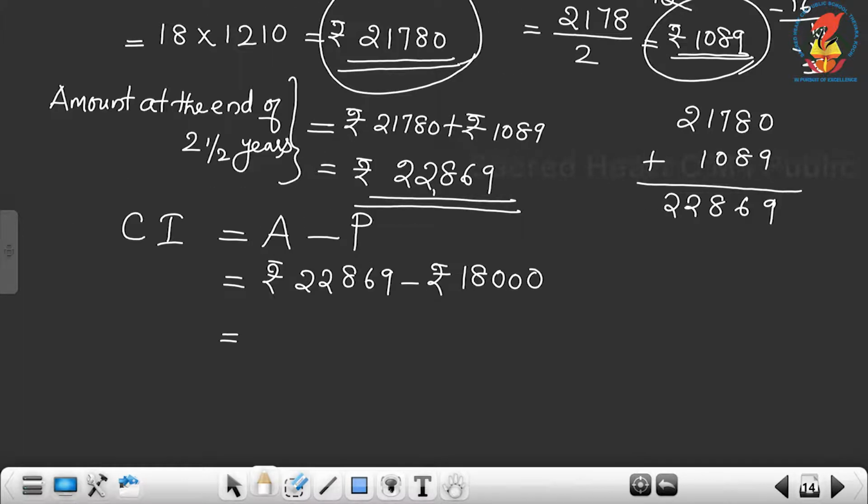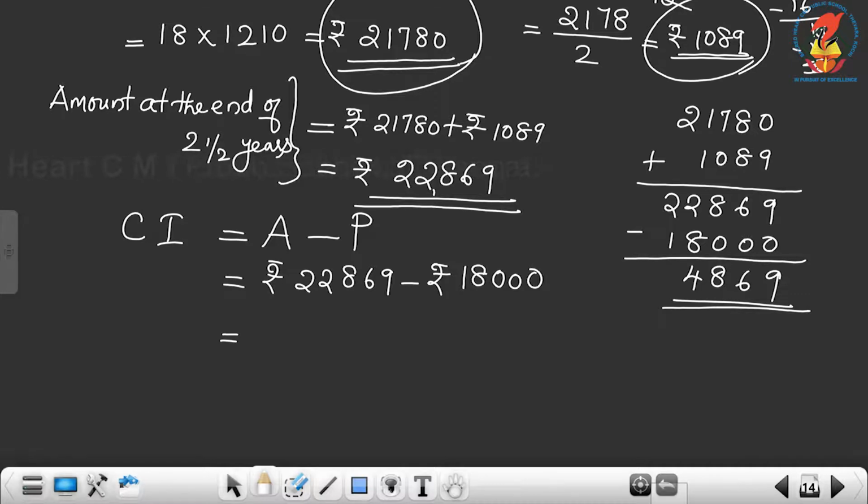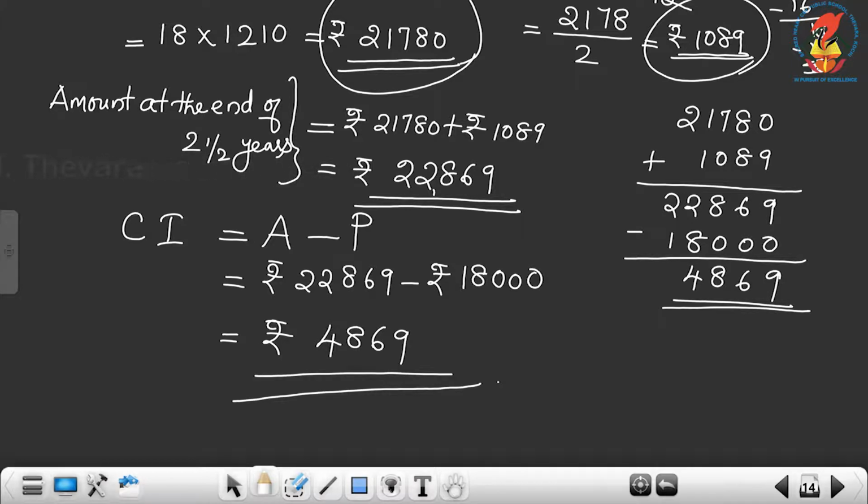So which is equal to 22,869 minus 18,000, 4,869. So the compound interest will be 4,869. Compound interest is equal to rupees 4,869.